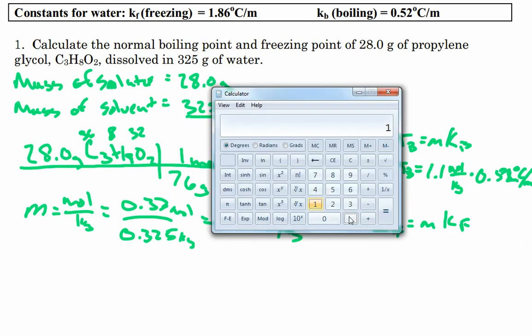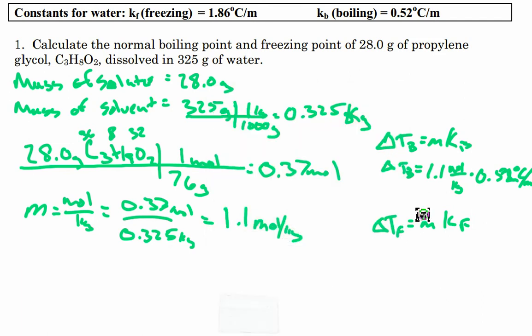And then we're going to do 1.1 times 0.52. So it's going to give us 0.57. So that's going to increase our boiling point by a little over half a degree, so 0.57. So that's going to go from 100 to 100.57 degrees Celsius.